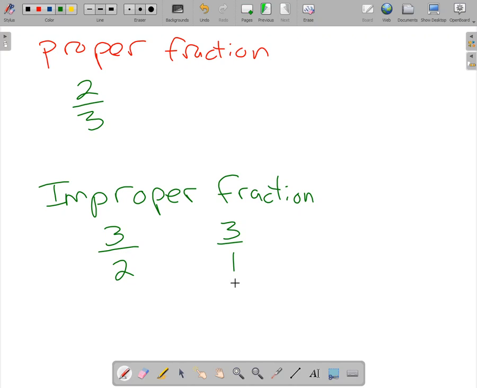Yeah, so all whole numbers are actually fractions divided by 1, and because the numerator is bigger than the denominator, it's improper. Okay? So there's a couple ways to think about proper versus improper. Improper fractions are greater than 1, if we just talk about positive numbers. Proper fractions are between 0 and 1.